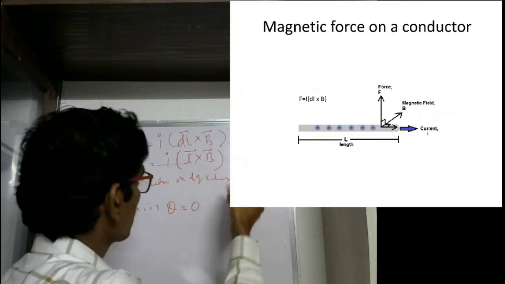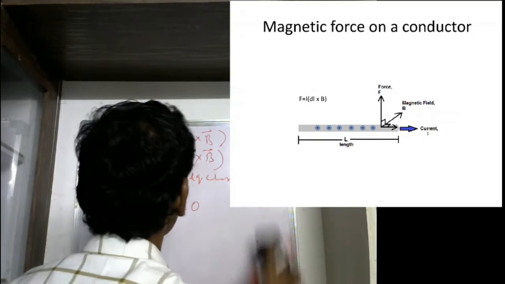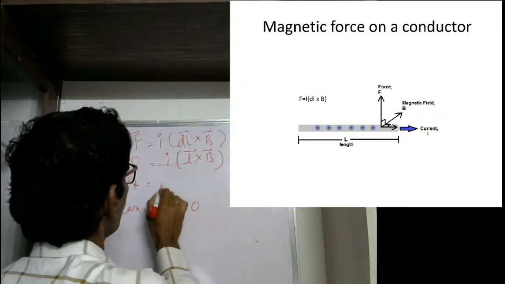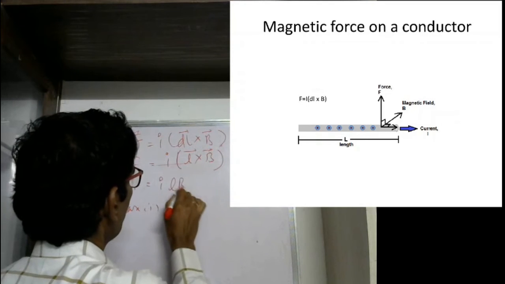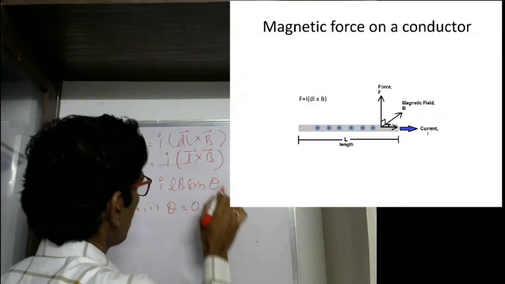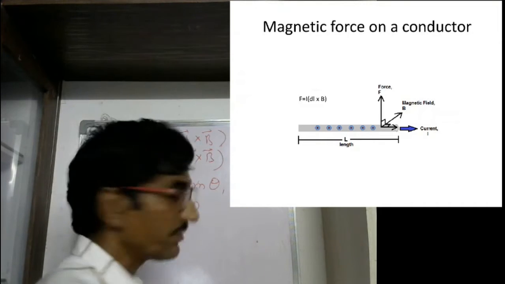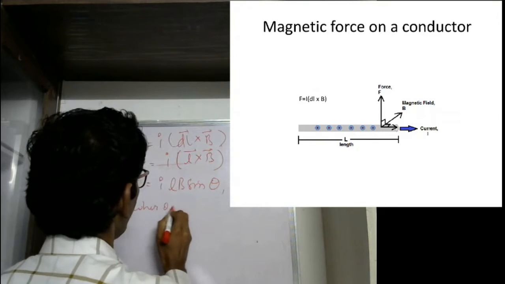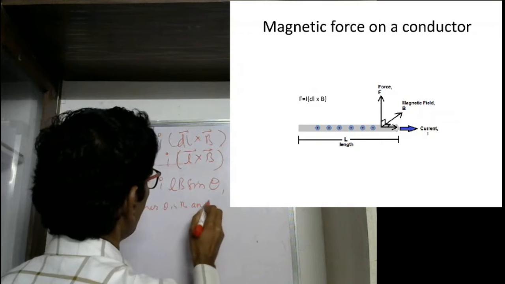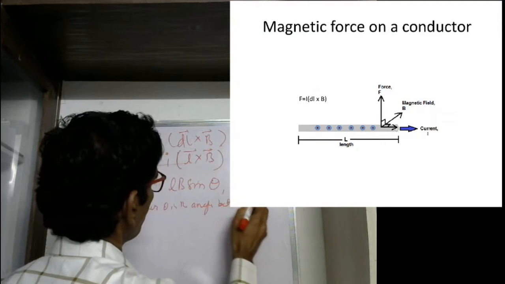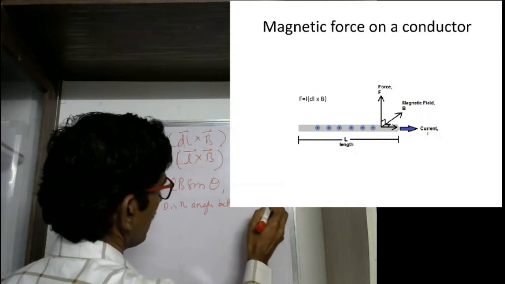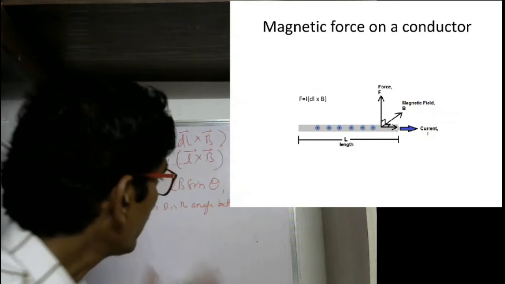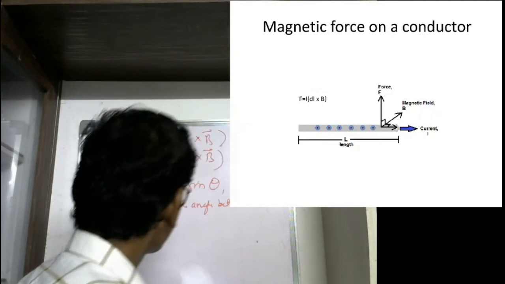First expand this formula: F is equal to I L B sin theta, where theta is the angle between L and B, that means between the conductor and the magnetic field.